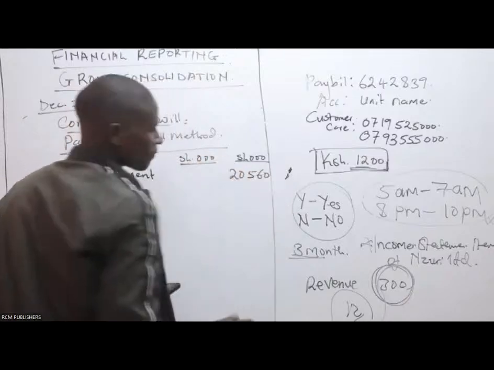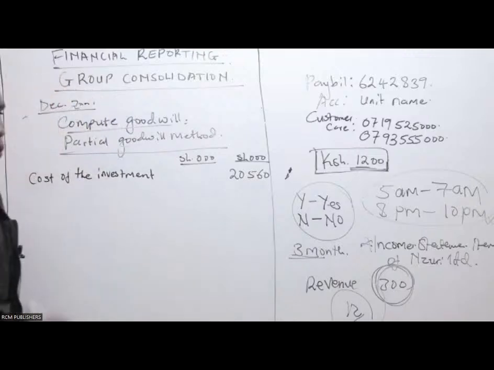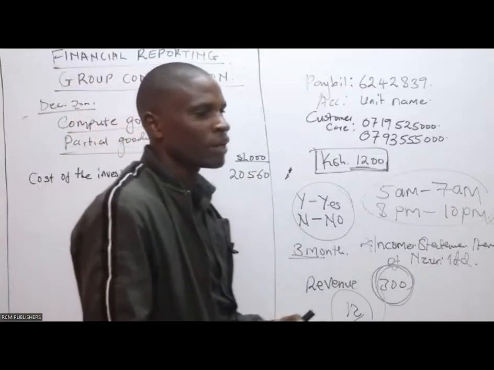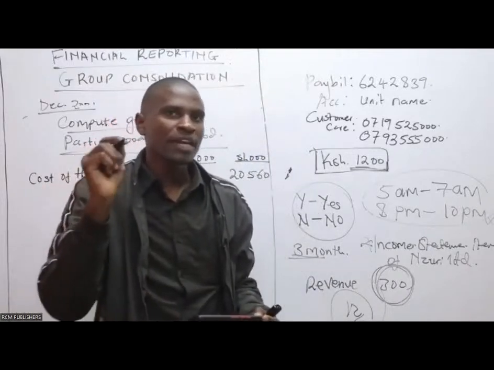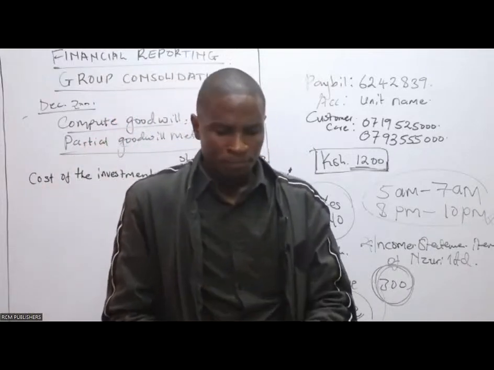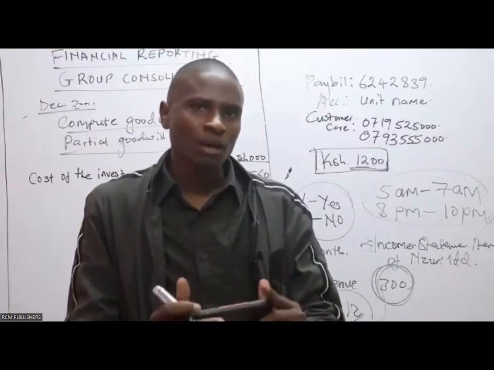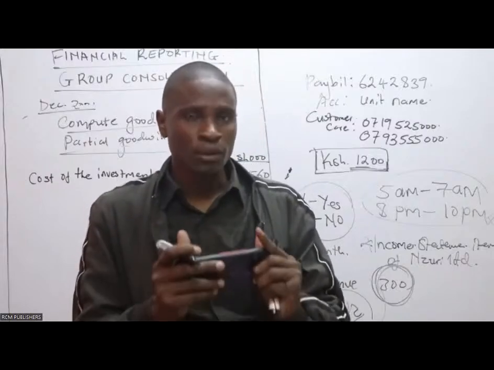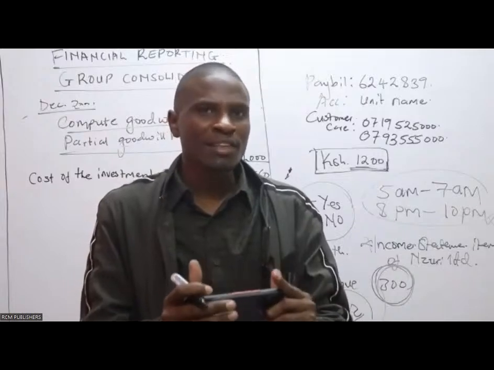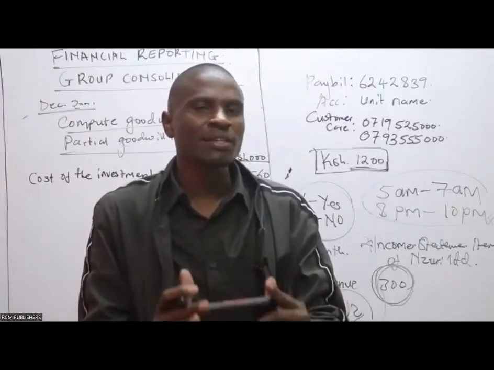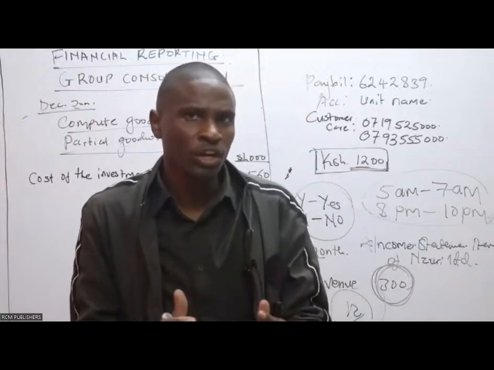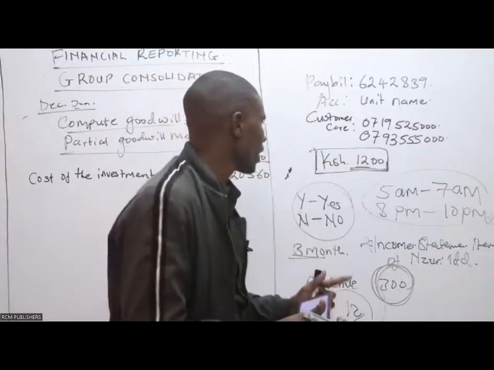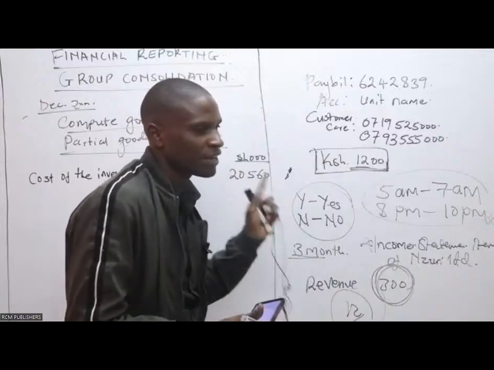The first thing to identify when coming up with the goodwill is the cost of the investment. When Rangi Limited acquired some shares from Nzuri Limited, we say that it has invested in Nzuri Limited, and that is what we have taken, the cost of the investment.